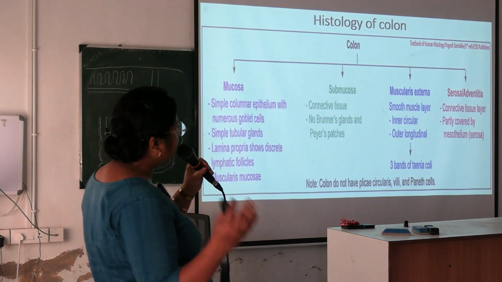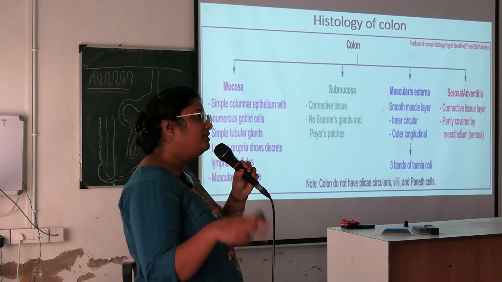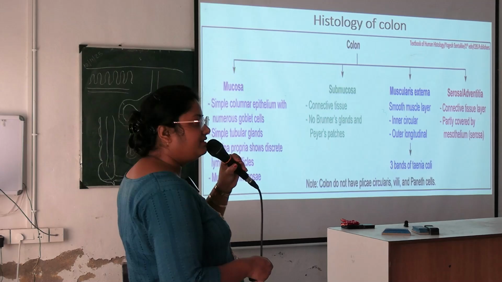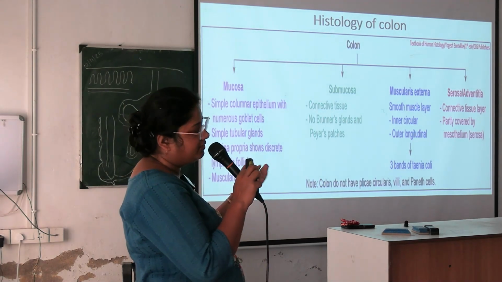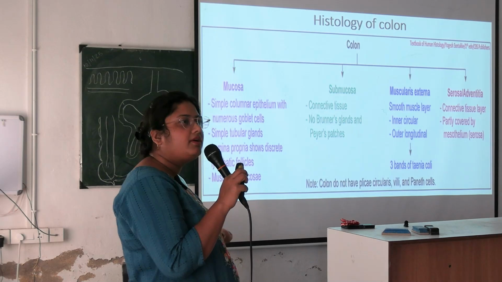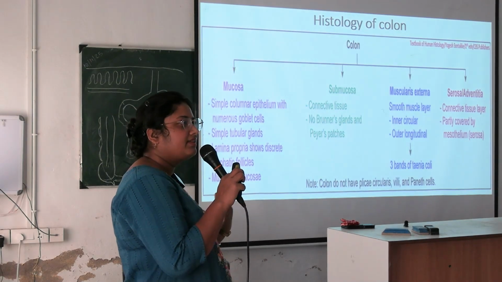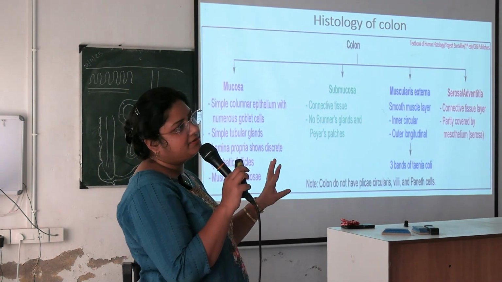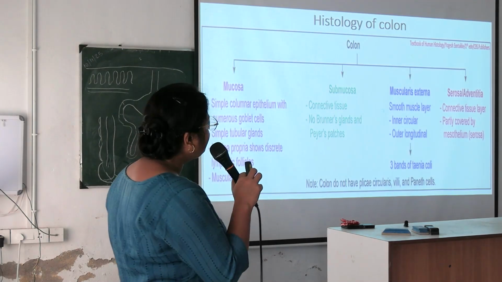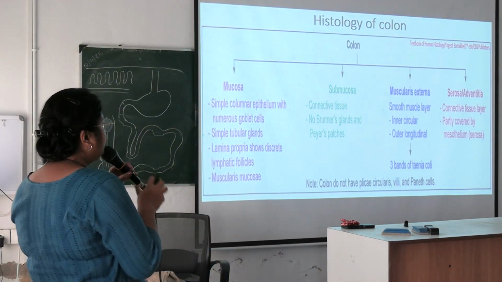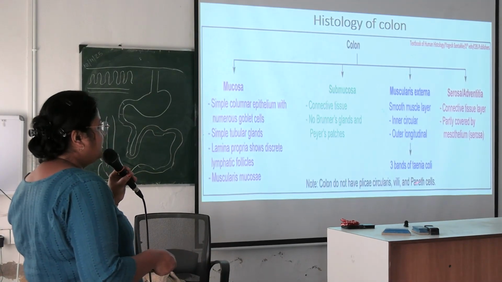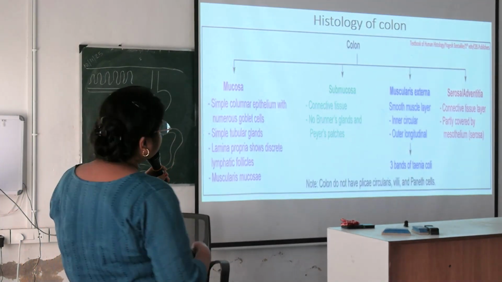Mesothelium means it is covered by the peritoneum, and in those areas where peritoneum is not present, we will say adventitia. Okay, see, mesothelium is a single layer of simple squamous epithelium. Okay, and in adventitia only loose connective tissue is present, no epithelial tissue is present. Okay, and the colon does not have plicae circulares, the circular folds, the villi and the Paneth cells. Okay.